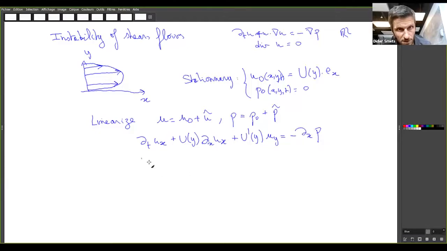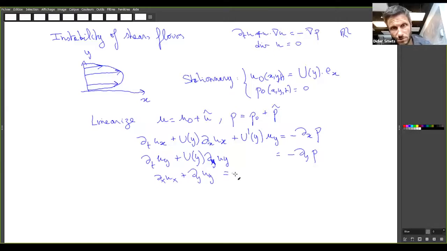The second one is similar with one term missing: ∂t uy plus capital U of y ∂x uy is equal to minus ∂y p. And I still have the divergence free condition. So ∂x ux plus ∂y uy, this is a linear one, is equal to 0.